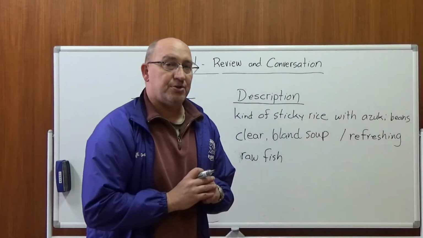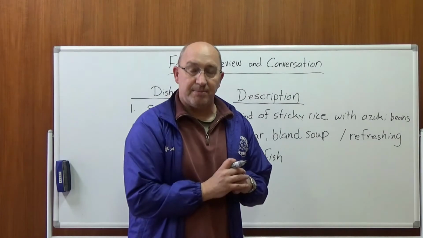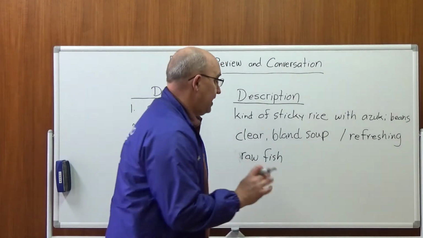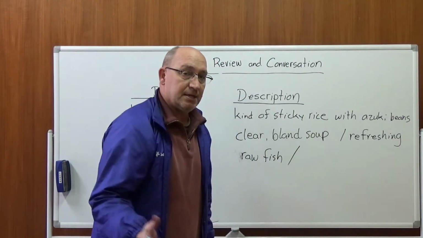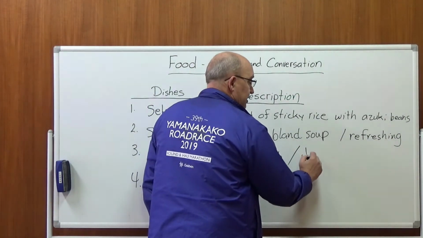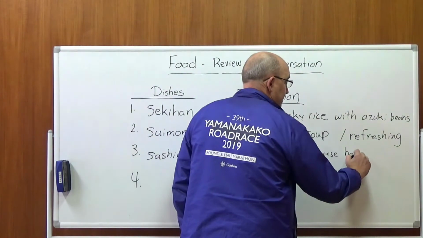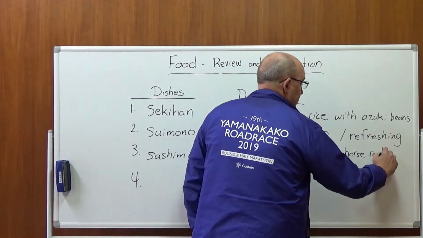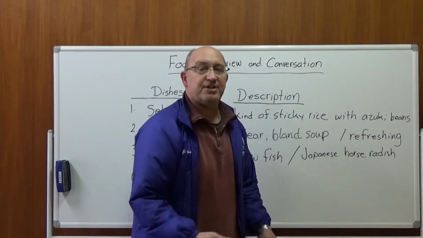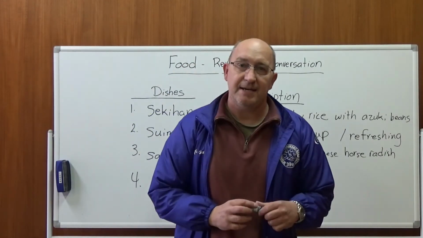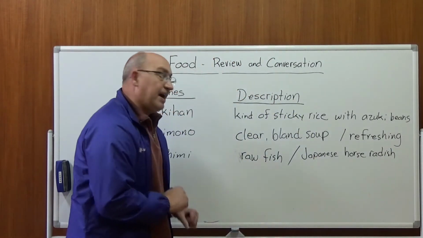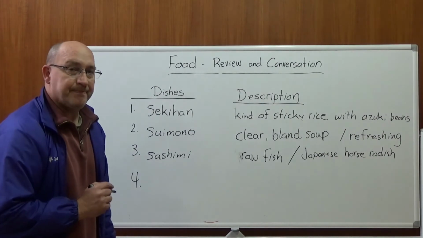Now, could you catch how I described wasabi? Okay. I just said wasabi is a kind of Japanese horseradish. Right? It's a kind of Japanese horseradish.